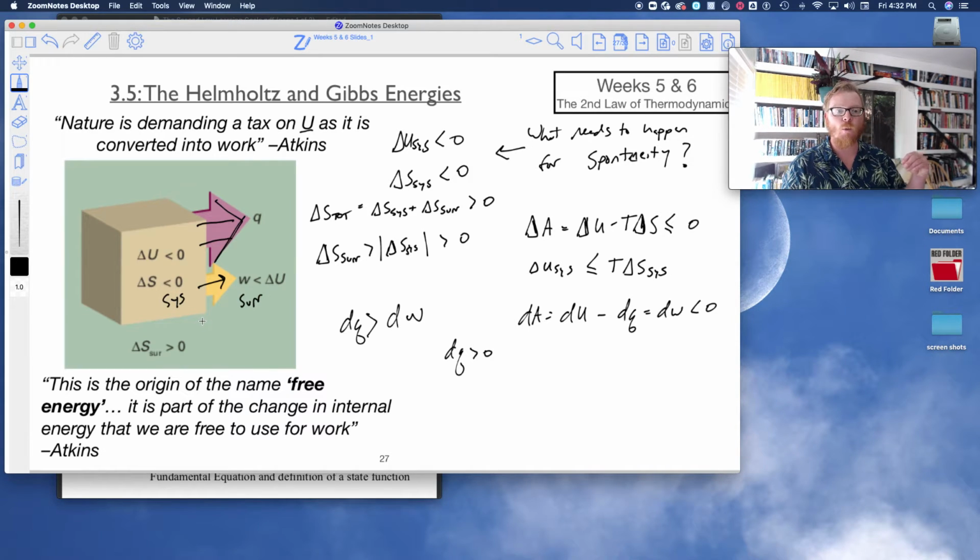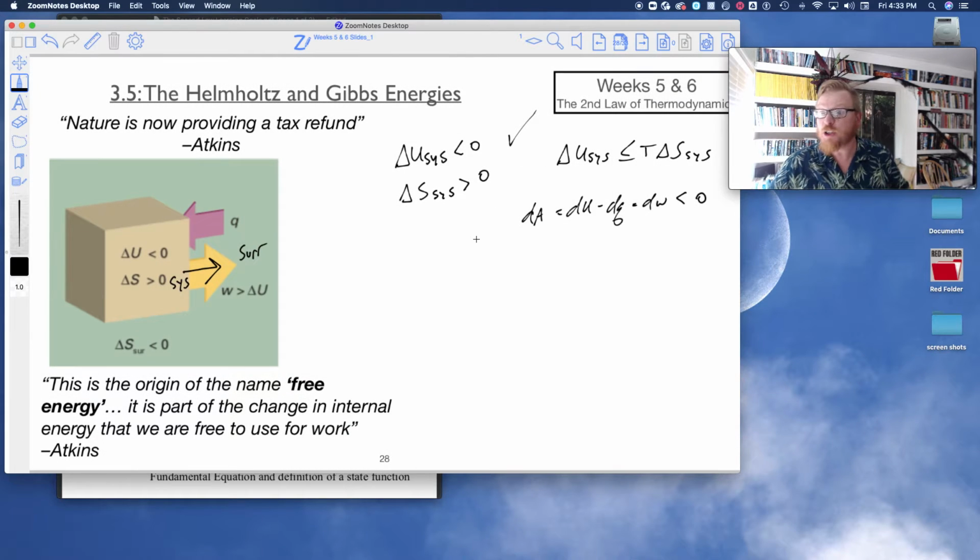When the system works on the surroundings, there usually has to be a decrease in entropy, because we're exchanging orderly motion for heat, right? Work is orderly motion. When we do work, we're doing something that's more orderly, okay?